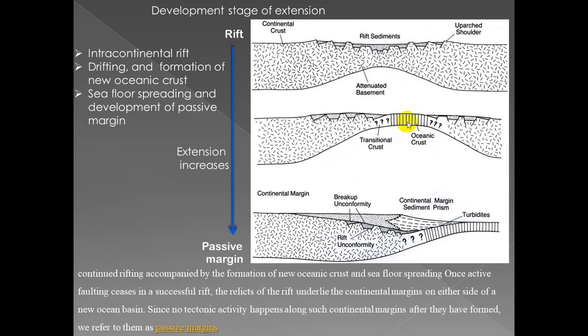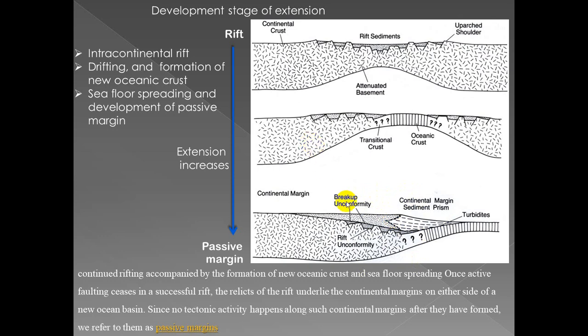When this material moves away from the source of heat in the middle of the ocean, it cools gradually. Cooling means shrinkage. This shrinkage leads to vertical subsidence. This vertical subsidence is called thermal subsidence. So the subsidence in the passive margin is called thermal subsidence.